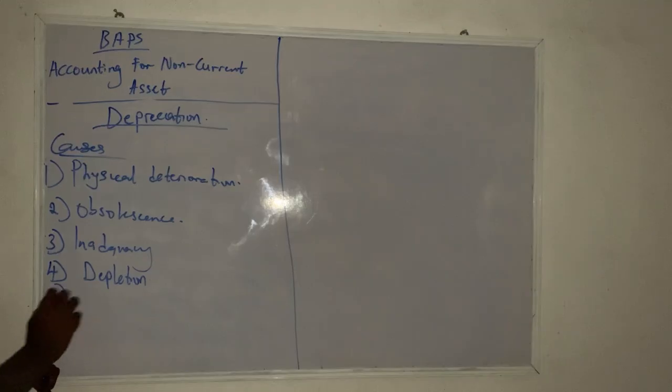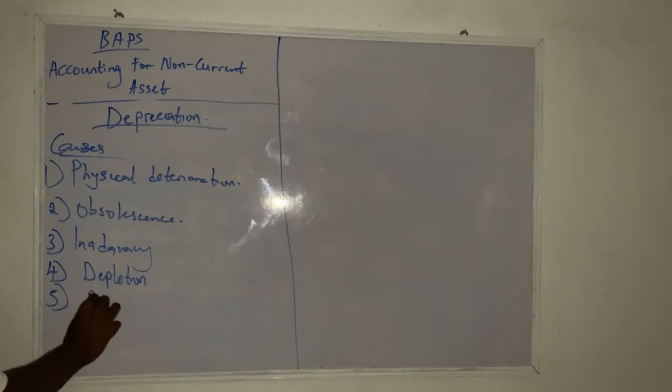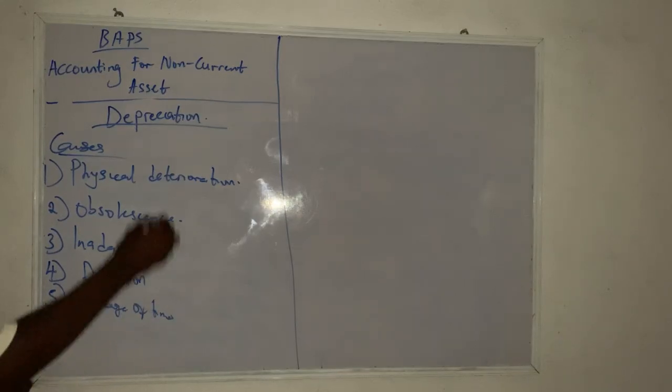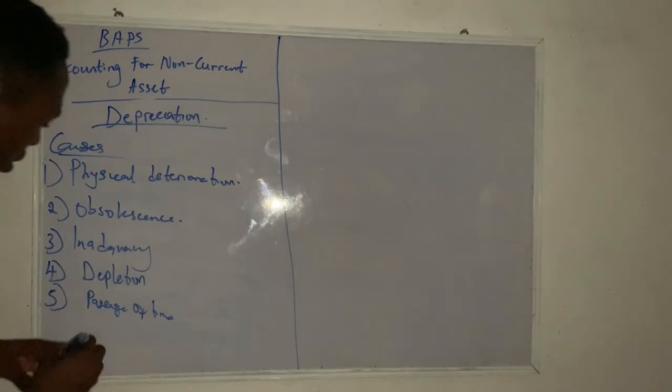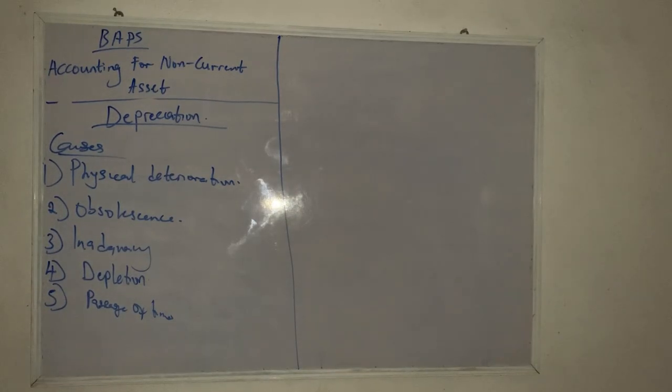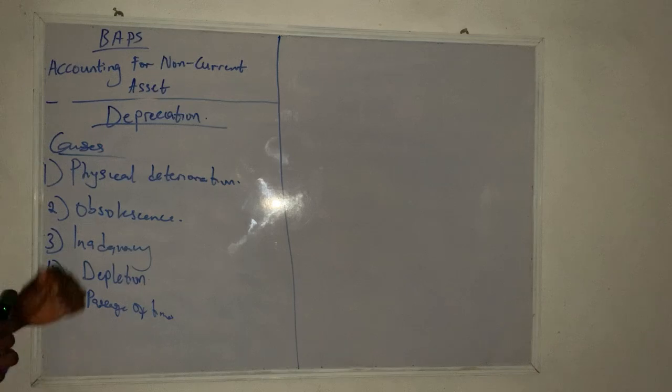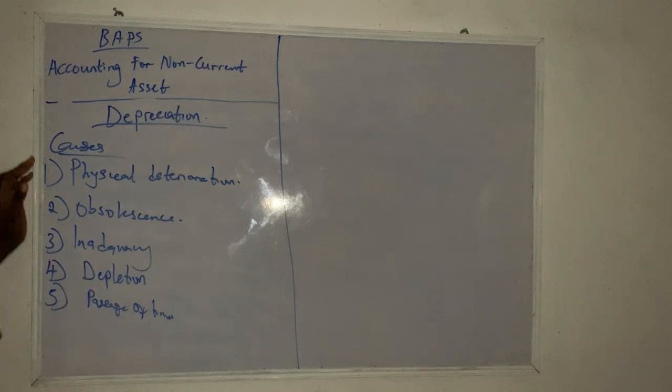Now sometimes we have what is called passage of time, which I would still say is synonymous with inadequacy. There are other various possible causes. We can also add wear and tear to it as well. I feel wear and tear is talking about physical deterioration. You understand?